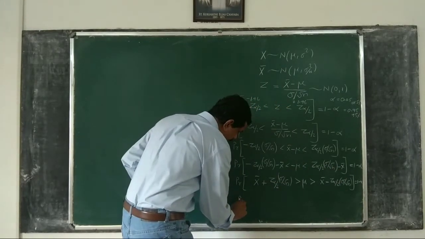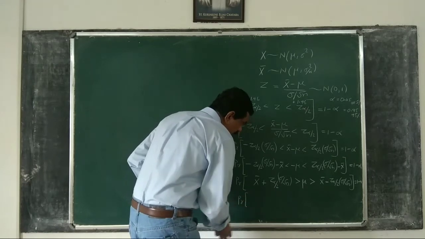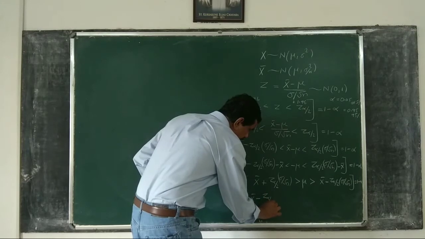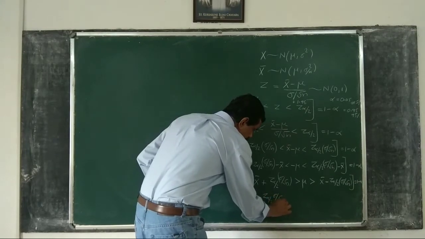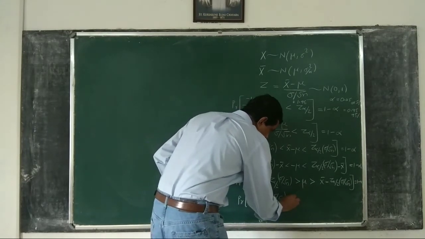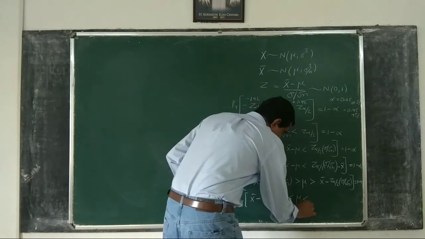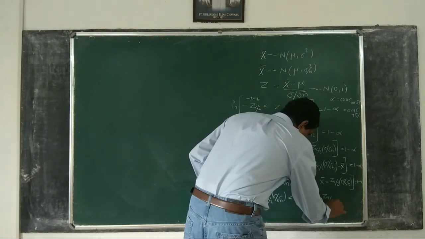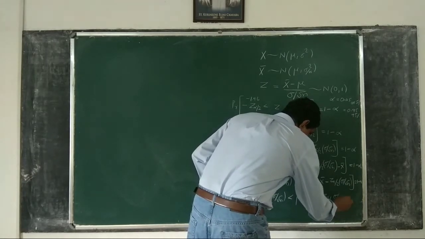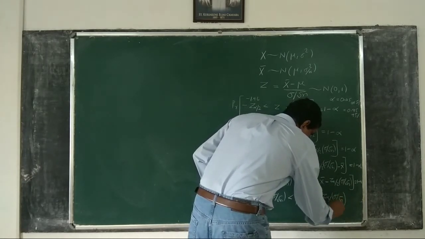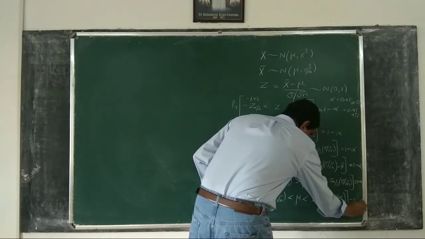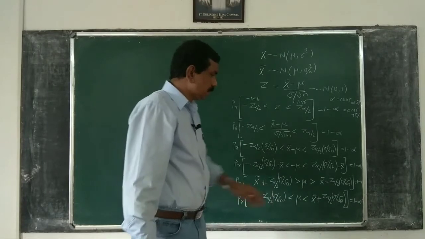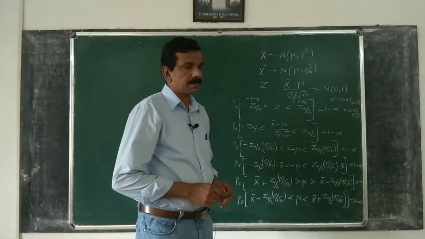Then we will get a probability: x bar minus Z alpha by 2 sigma by root n less than mu less than x bar plus Z alpha by 2 sigma by root n is equal to 1 minus alpha.